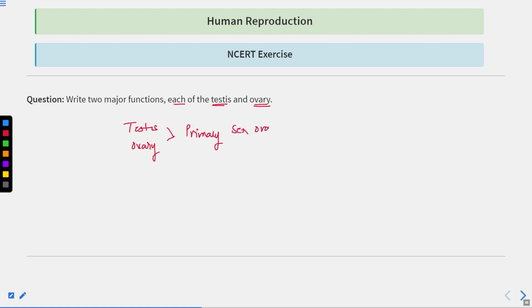And what is the function of a primary sex organ? There are two functions of a primary sex organ. First is the production of the gamete, and second is the production and secretion of the hormones.